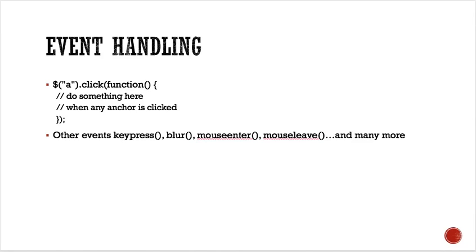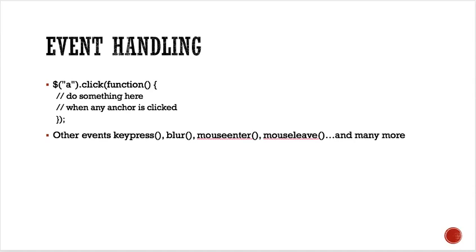Now, jQuery is in fact JavaScript, right? So standard JavaScript applies over here, right? The stuff that we've been learning over the last couple of weeks actually applies over here, and so you can write standard JavaScript within jQuery. There are a variety of different events that can be handled by jQuery: click, key press, blur, mouse enter.